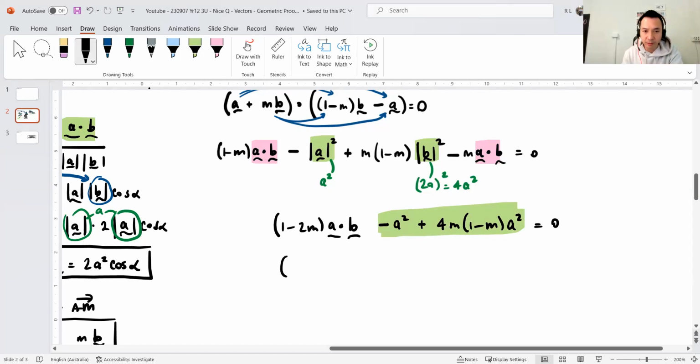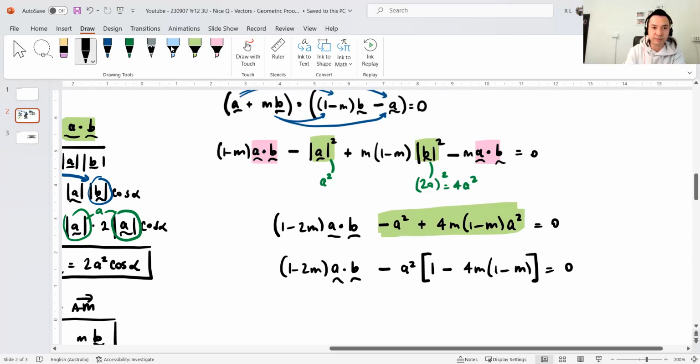So let's see. This bit's done. Right, that bit's done. Factorize a negative A squared out. I get 1, and then because I'm factorizing a negative, that would be minus 4m 1 minus m. Now, just very quickly looking at inside this here, I'm hoping it's a perfect square. Let's see, right? 1 minus 4m plus perfect, right?